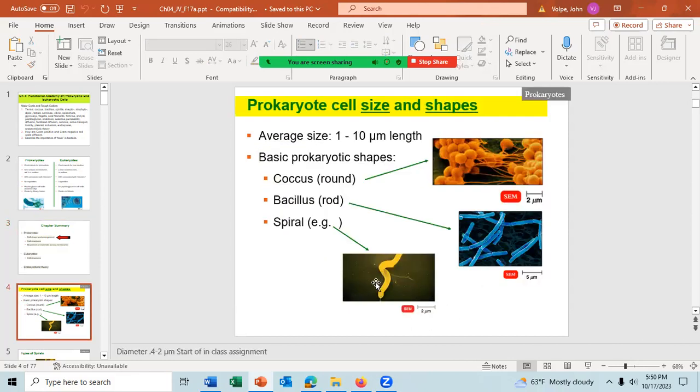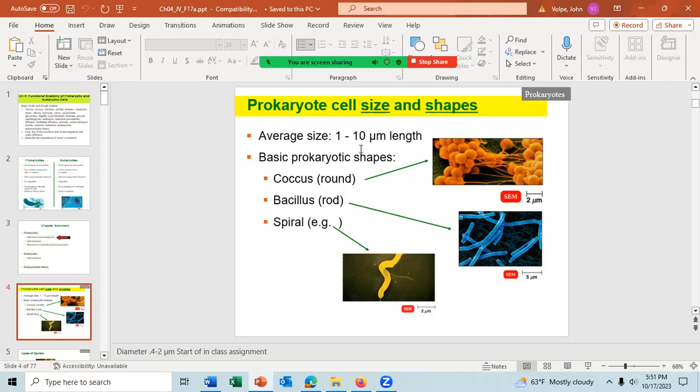Prokaryote cell size and shapes. The average prokaryote is actually 1 to about 3 micrometers. The very extreme range is something like 0.4 micrometers to around 10 micrometers long.